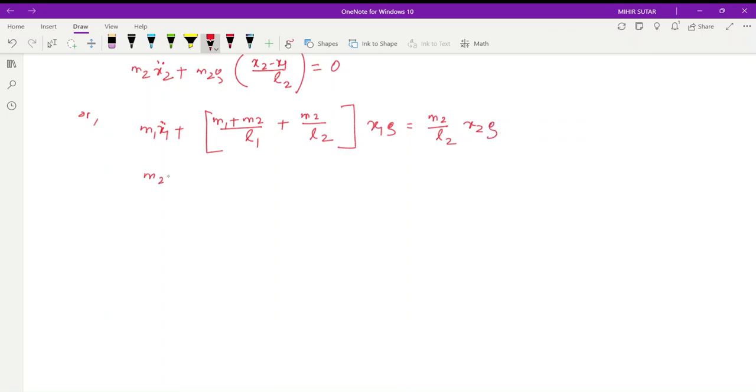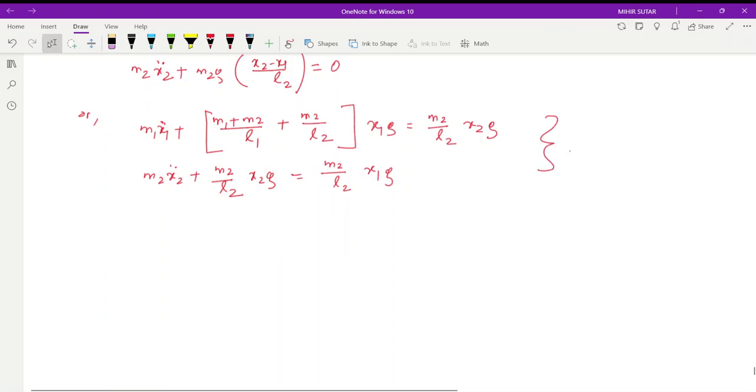Also m2 x2 double dot plus m2 by L2 x2 g is equal to m2 by L2 x1 g. Let's say this is equation 5.